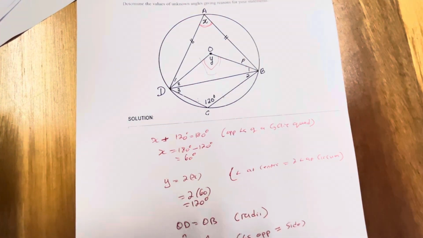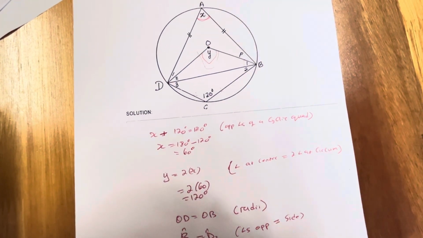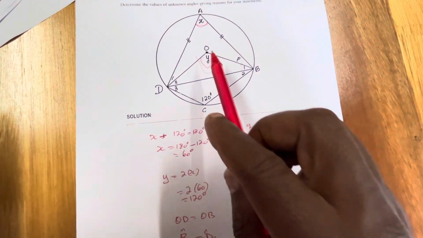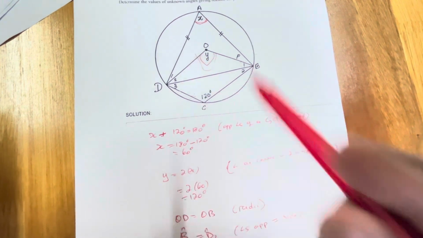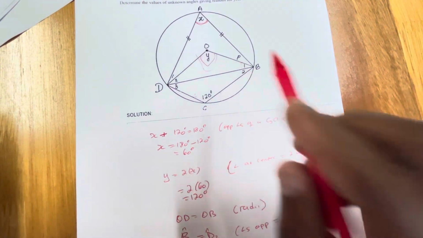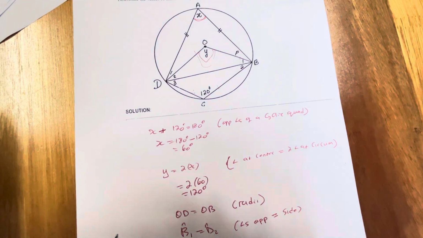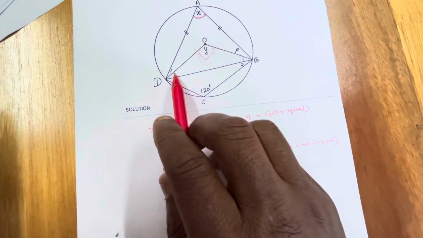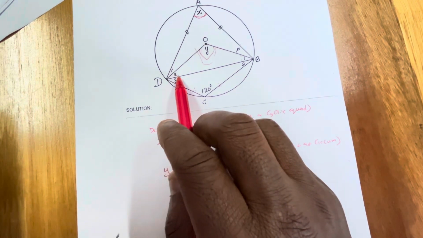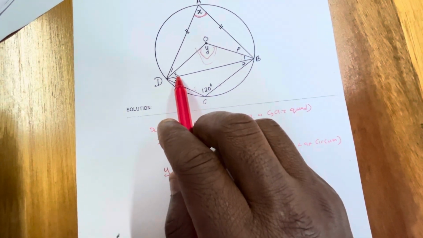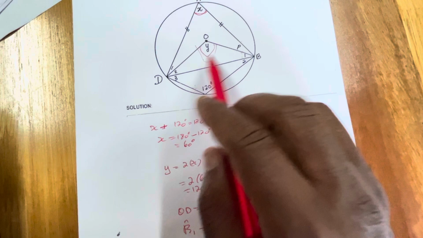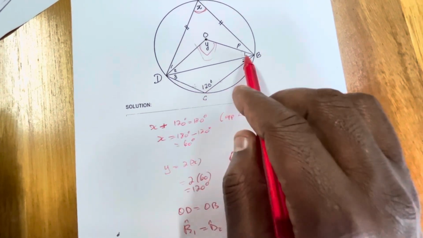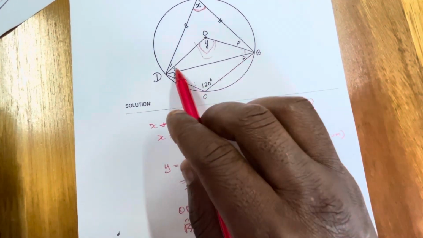And then from here you're going to say since we know that the value of Y is 120, we can determine B1. Since B1 is equal to D2, we can say they are both B1.